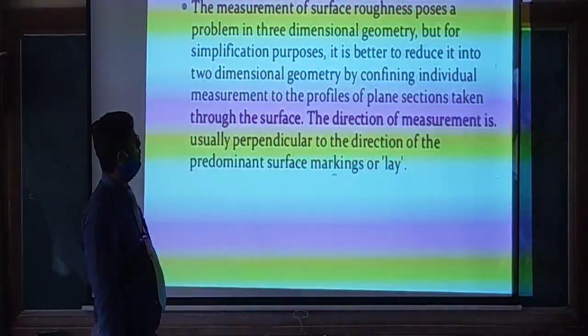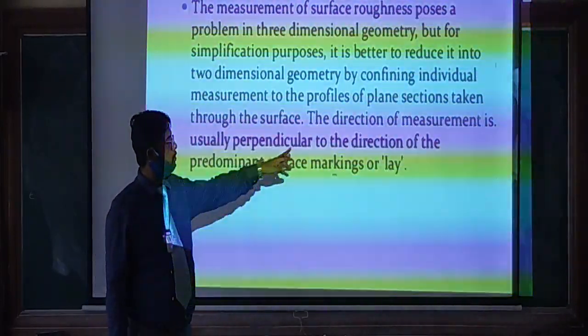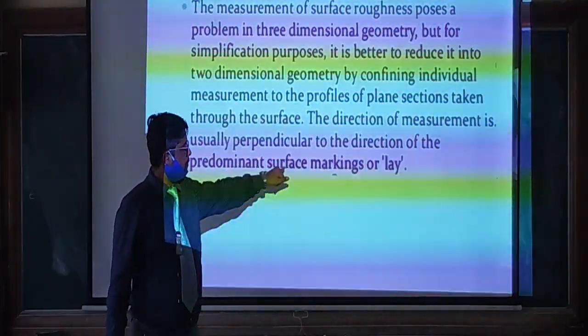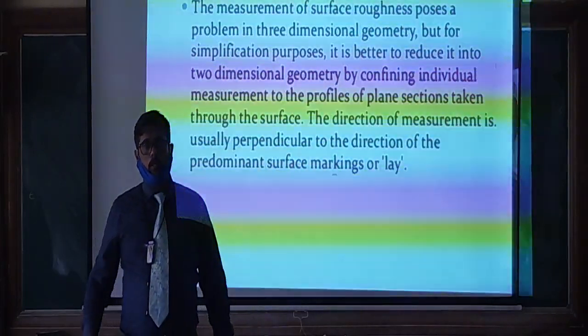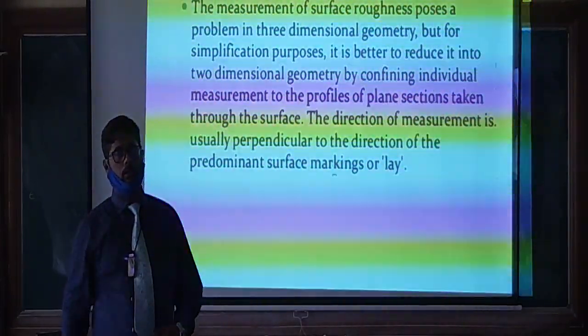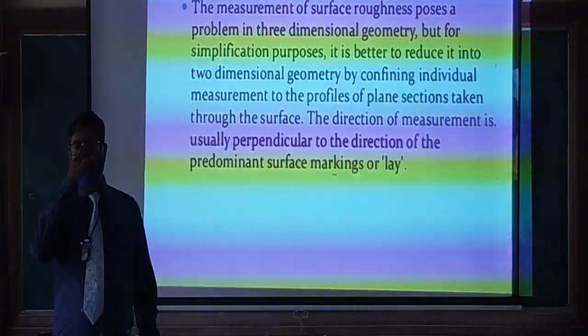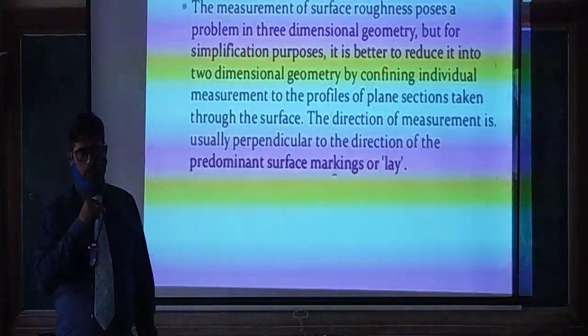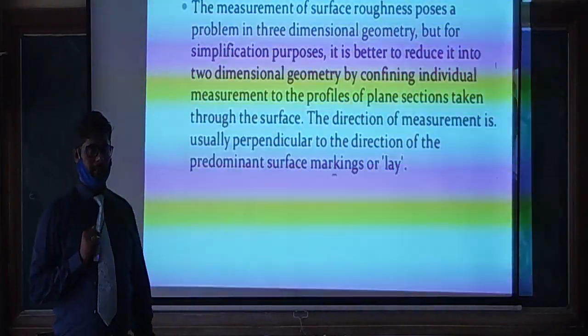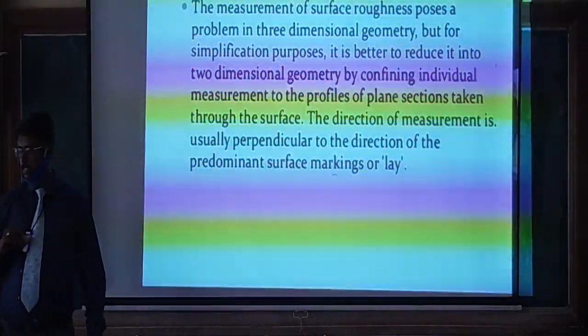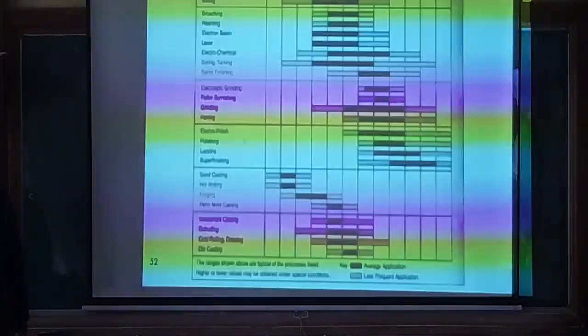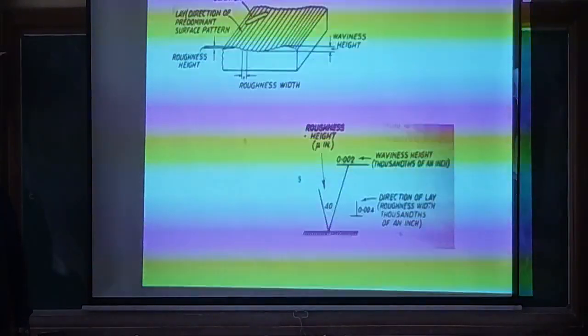The direction of measurement is usually perpendicular to the direction of the predominant surface marking, or lay. So we always take the measurement perpendicular with respect to the lay, the cutting lines on the surface. If you see this figure, you will come to know the direction of the lay.